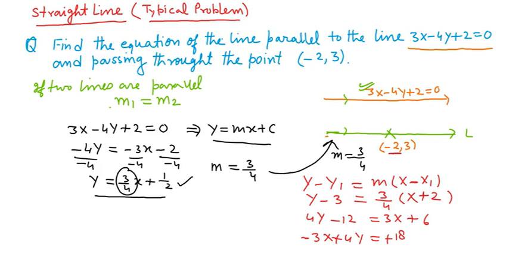Okay, this is the equation of the line. Finally, you may write down this relation by using this way: 3x minus 4y is equal to minus 18. This is the equation of a line passing through the point minus 2, 3 and parallel to the given line 3x minus 4y plus 2 is equal to 0.